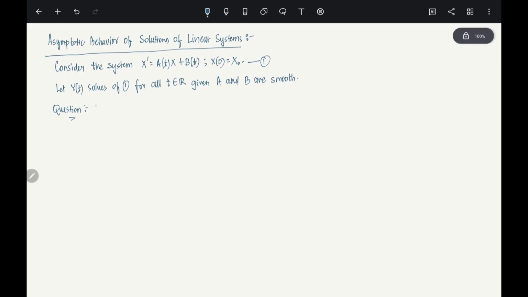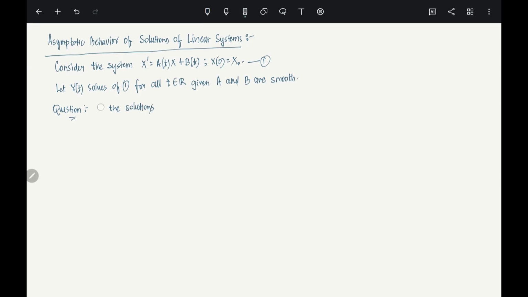So the question is, does the solution, let's say all or some solutions. For now I'm just writing all the solutions. In this case it's a unique solution, so all the solutions is just the solution.